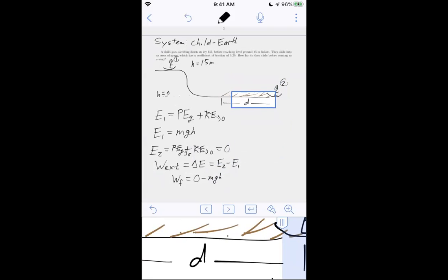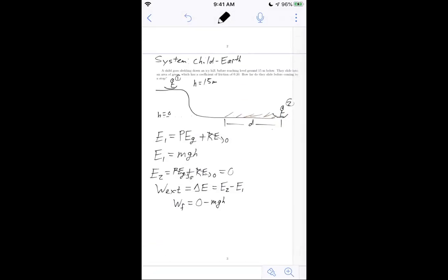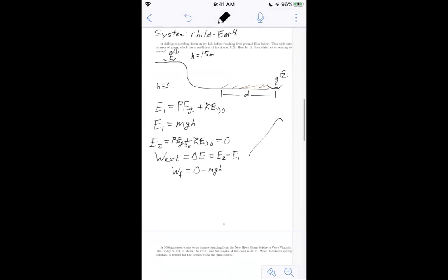In this area here where friction is doing work on the sled, the displacement is toward the right, but the force of friction is toward the left.